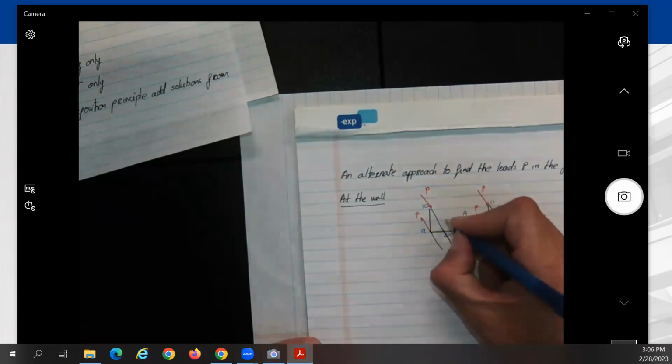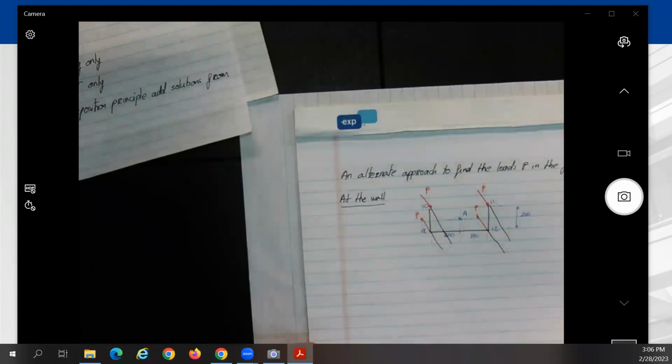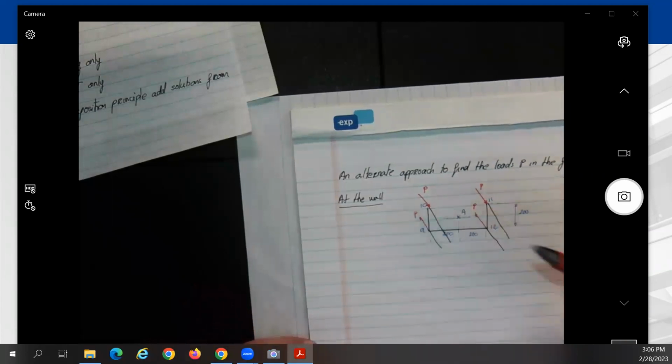Okay, so now this is the hard part to visualize. All these loads that we are showing here will be creating what? These two loads are creating a torque about this axis, no? It's actually going to make it bend, correct?